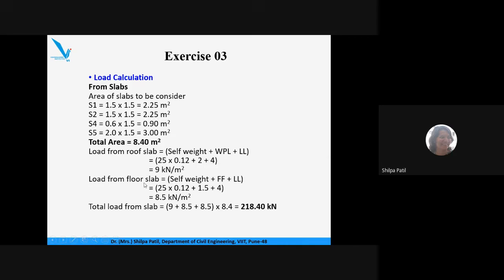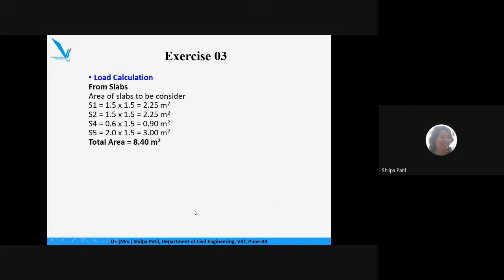Now the load from floor slab, it will be again self weight plus floor finish plus live load, instead of waterproofing. The total load is 8.5. Now the total load coming from the slabs will be 9 from roof slab, plus 8.5 plus 8.5.